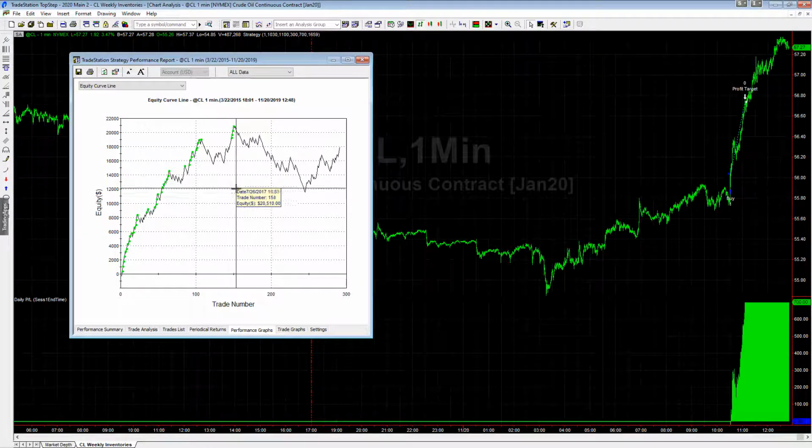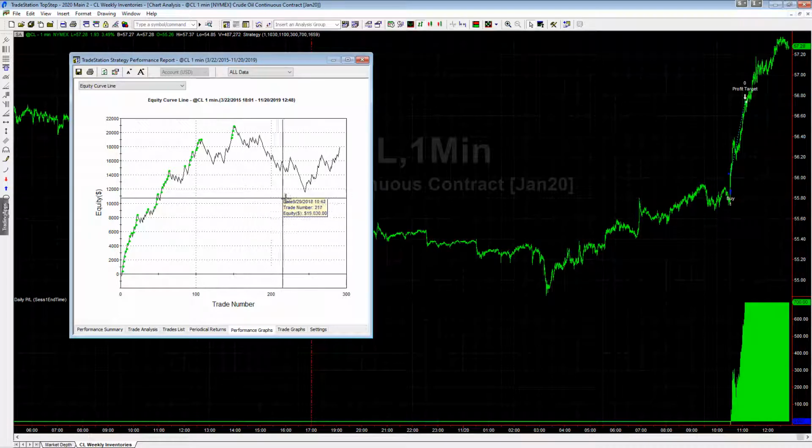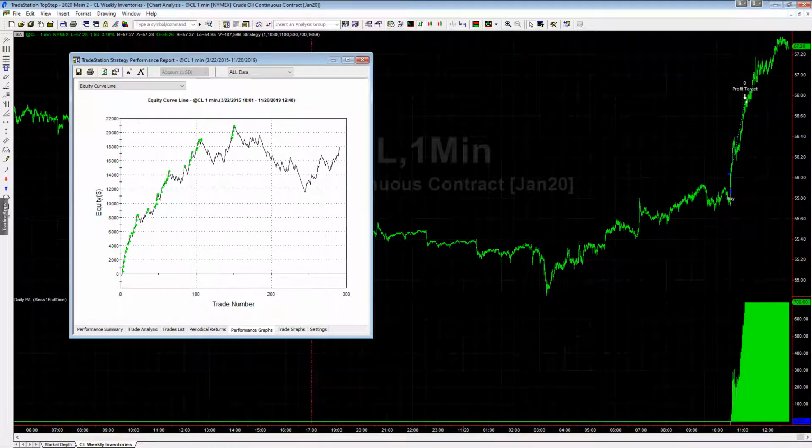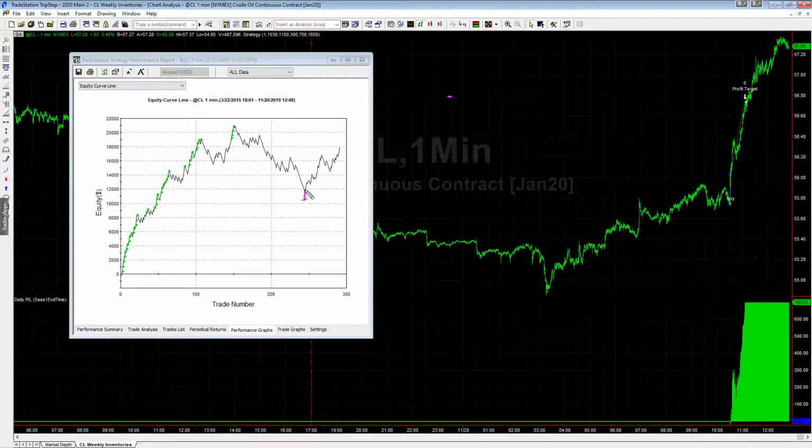But how would you get away from this time period? How would you manage this during this time period? One of the things you can do is use the money management algorithms. Some of you have the money management algorithm. Some of you have the algorithmic trading systems book and members area. If you want to get this set up, you can purchase the algorithmic trading systems book and members area, and then have this strategy.